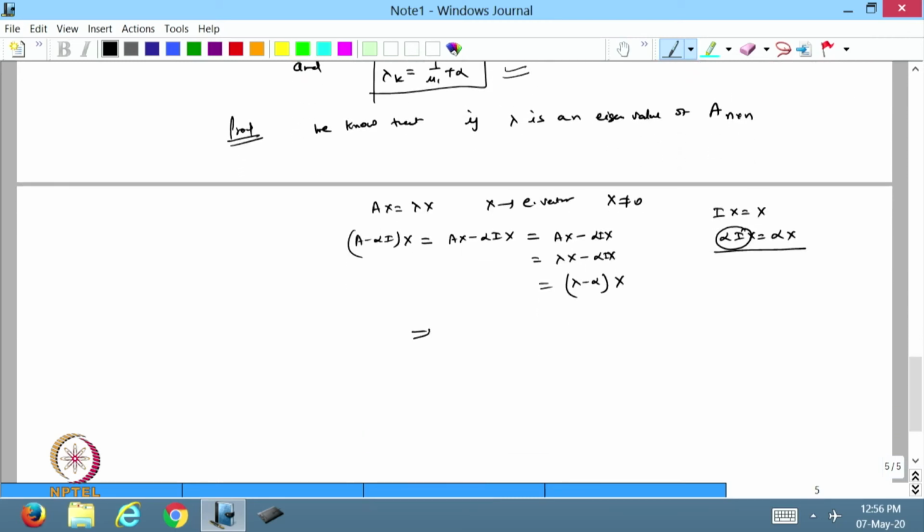So, from here I can say that lambda minus alpha is an eigenvalue of A minus alpha I. Now there is no need to write I here, because x is a vector, so alpha x is fine. So, lambda minus alpha with x is the eigenvalue of this matrix.